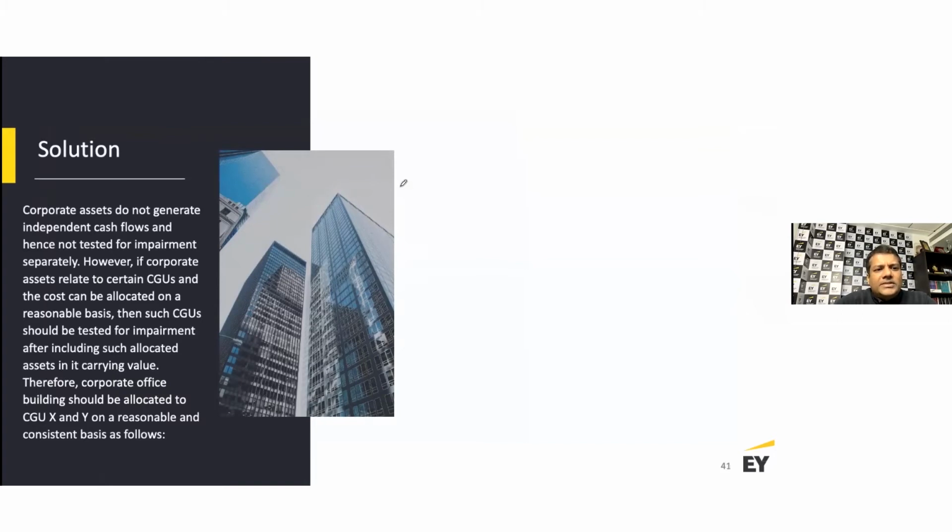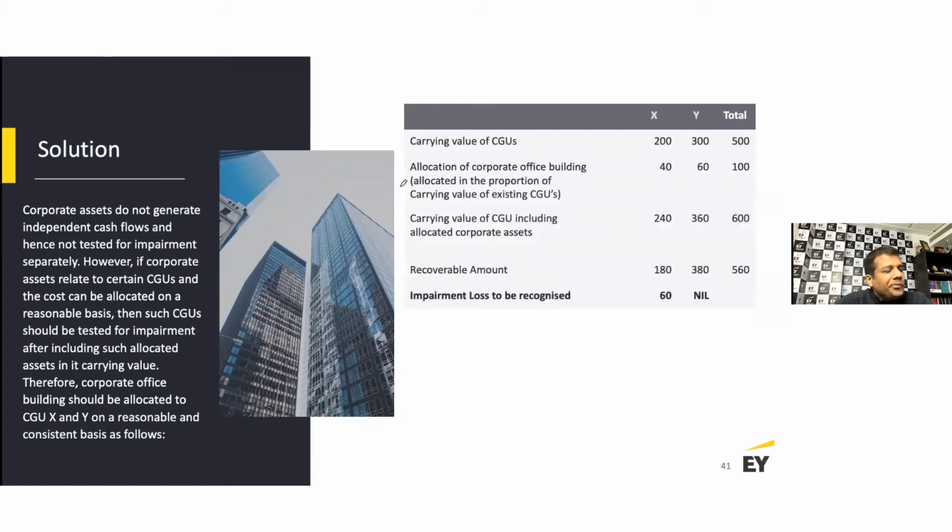However, if corporate assets relate to certain CGUs and the cost can be allocated on a reasonable basis, then such CGUs should be tested for impairment after including such allocated assets in their carrying value. Therefore, the corporate office should be allocated to X and Y on a reasonable and consistent basis.